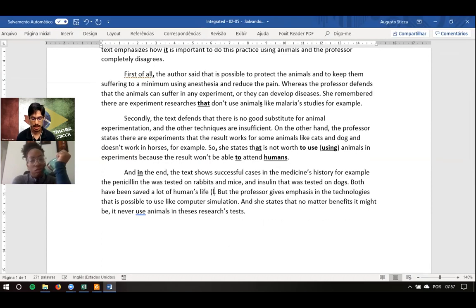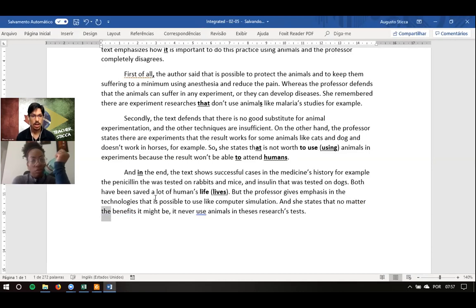The professor gives emphasis to the technology, that it is possible to use computer simulations to state that no matter the benefits, it has to be a little changed: how beneficial it might be. Because it's the last phrase that she said in the audio. Okay. But what do you think?